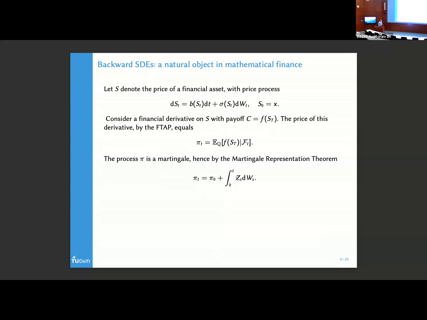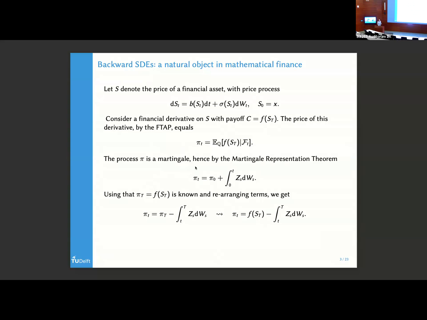The only issue with this equation is that we don't know the initial value. This is actually what we are interested in in math finance theory. We only know the terminal value. So if we use the fact that we know what the terminal value is equal to, and then rearrange everything appropriately, we arrive at a prototype of a backward SDE.